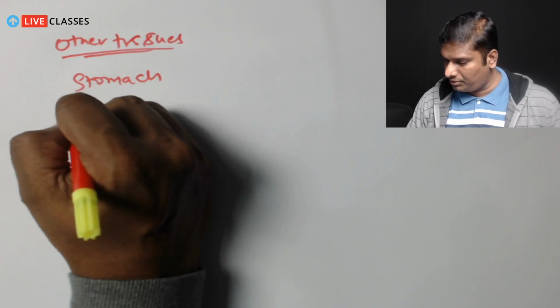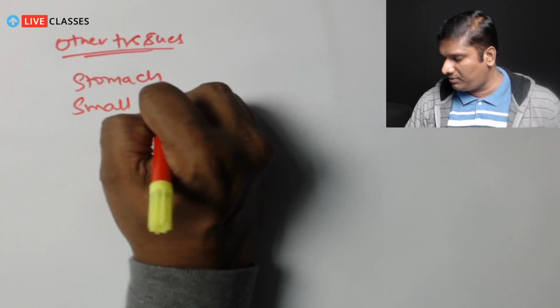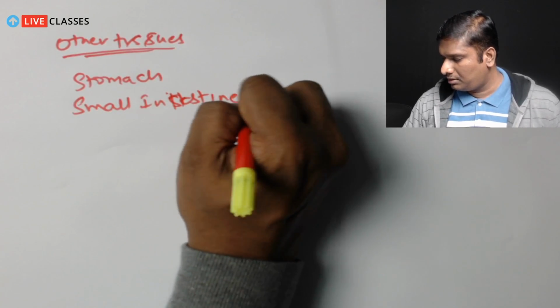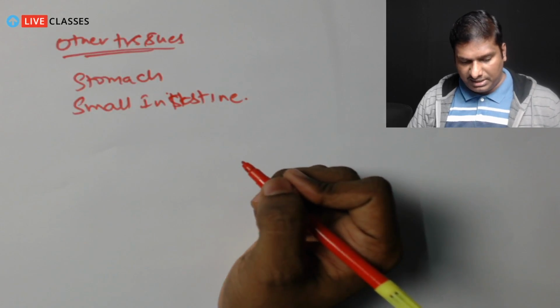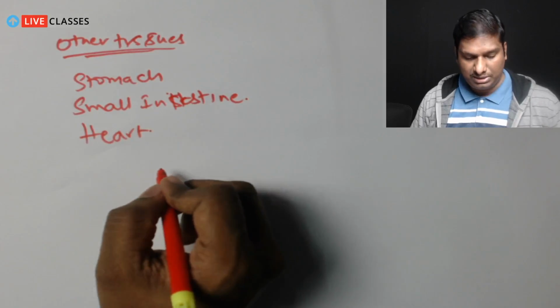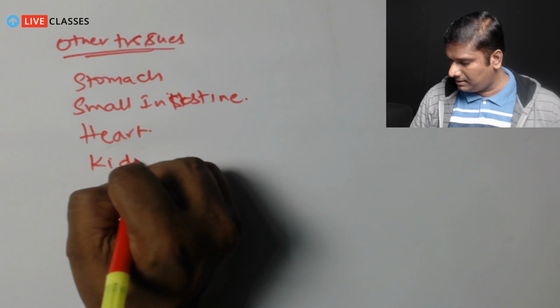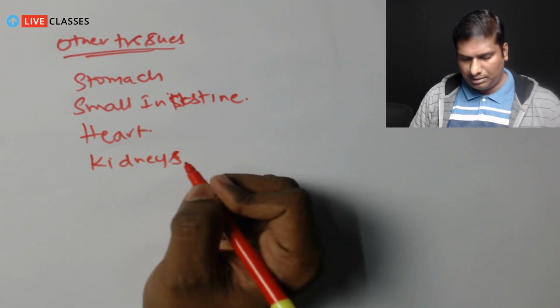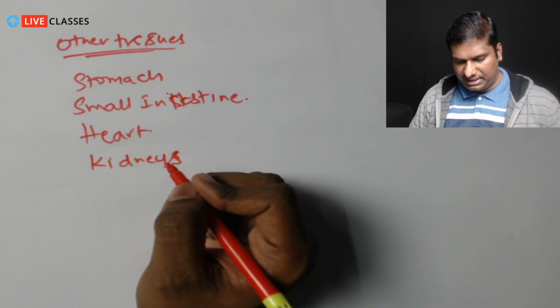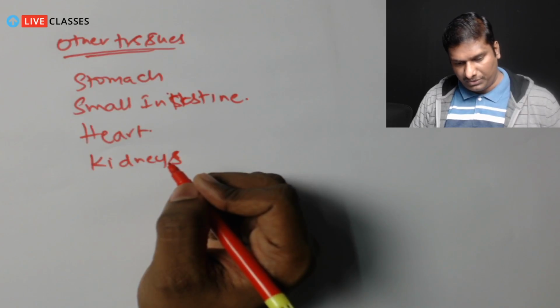Then you have your small intestine, which secretes some hormones. Then you have the heart, which secretes some hormones. Then you have the kidneys. So these are the various tissues which secrete hormones.